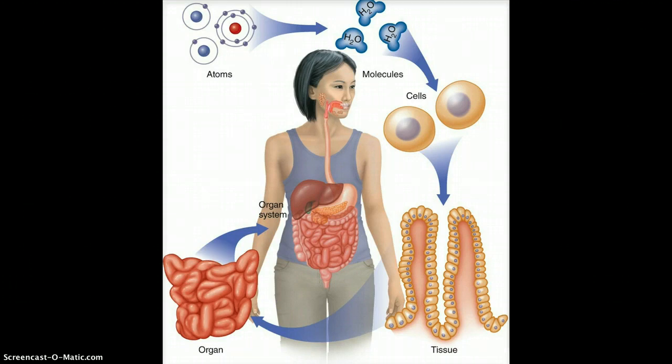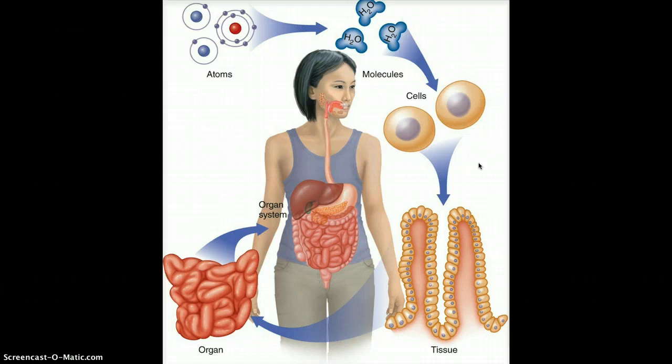And cells then join together to form tissues. So similar cells, because there are many different types of cells in our body, so similar cells working together to perform a function is a tissue. And generally these similar cells, they look similar to each other.